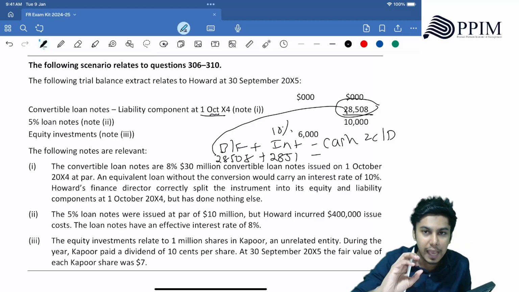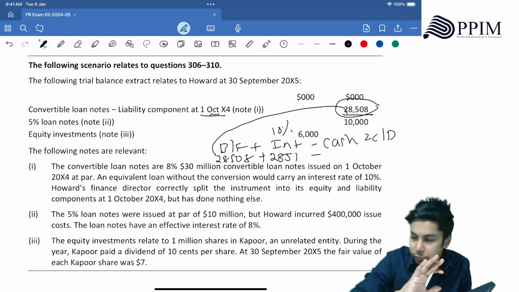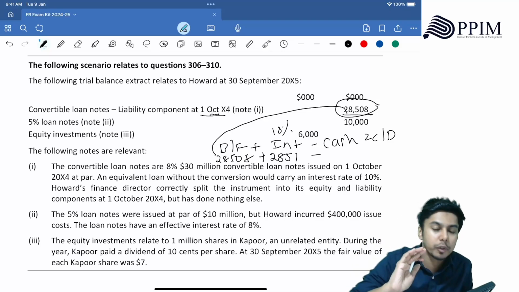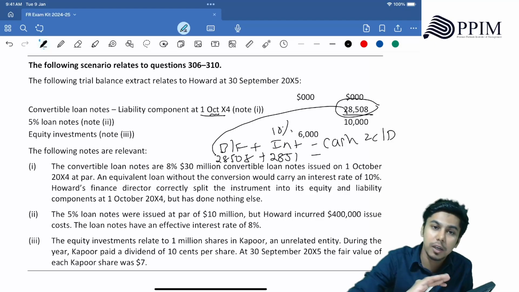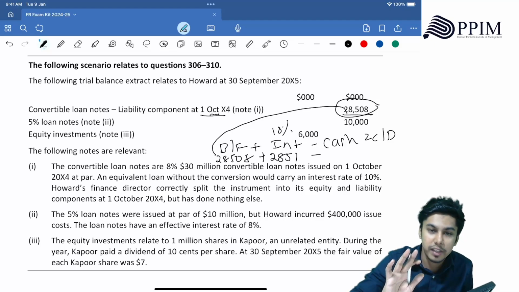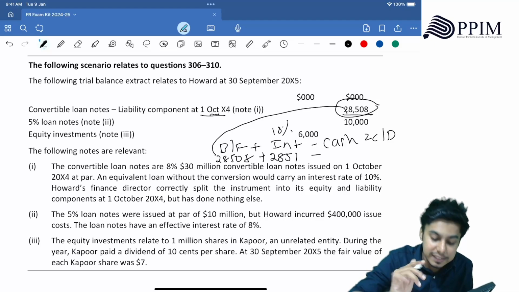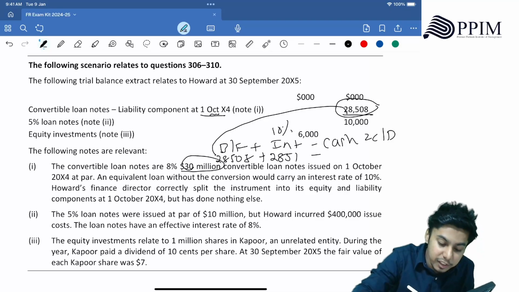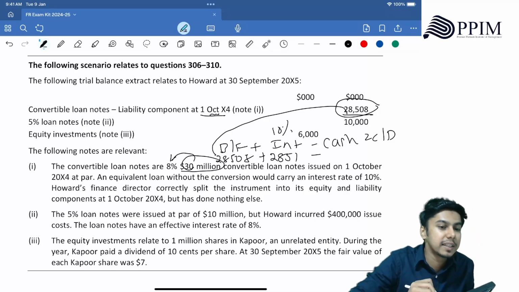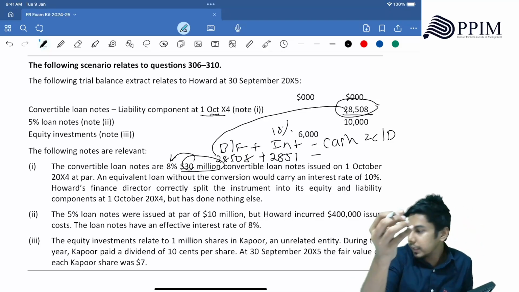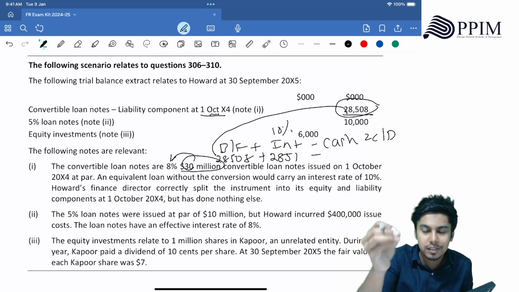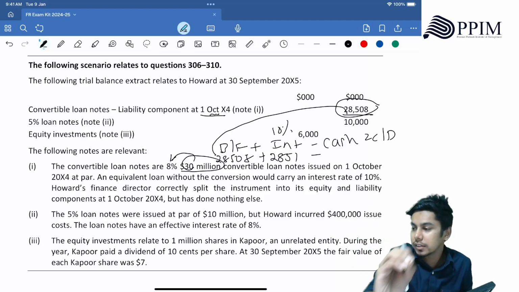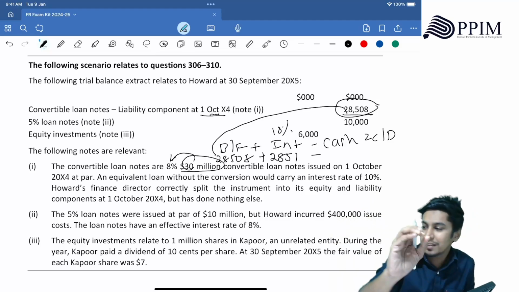2851. Minus cash. Guys, what is cash? Cash means actual interest paid, right? Promised. Now forget everything. Stick to the question. What's the amount of the loan without the conversion? What is the original value of the loan, guys? 30,000. Correct. For 30,000, we agreed 8%. When it comes to cash, guys, it's always simple calculation. Take the original value of the loan and see the percentage.